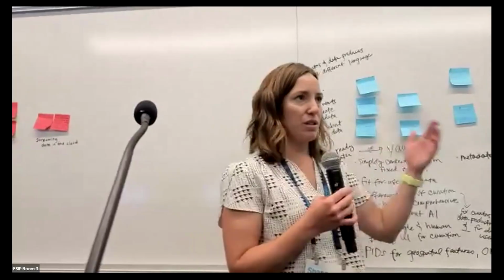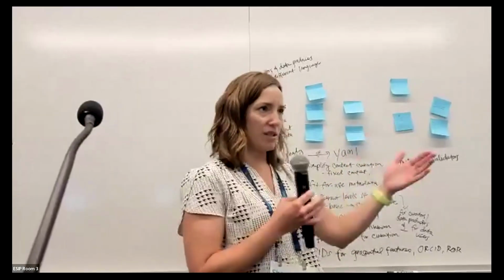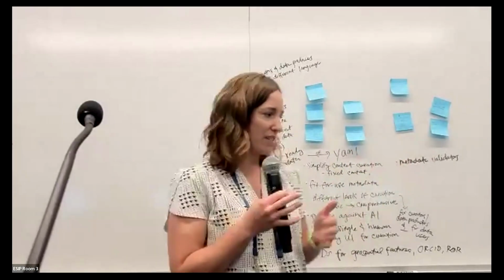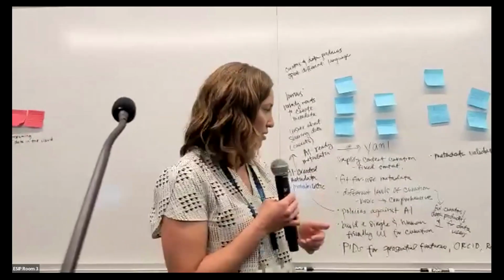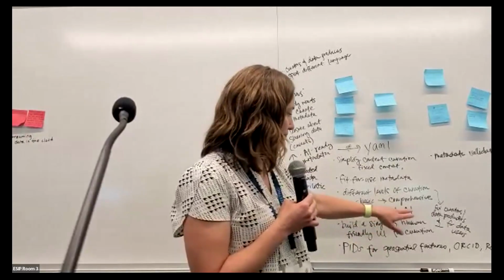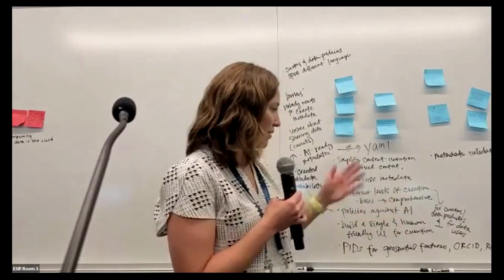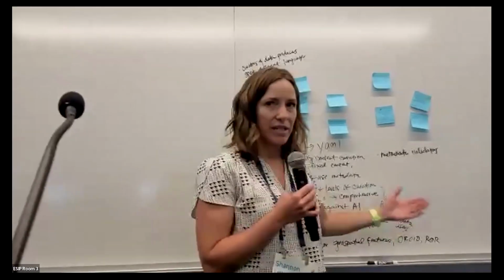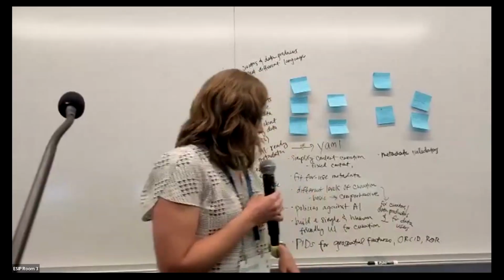This is really to support data producers and the collaboration between data producers and data stewards, metadata stewards. And I think those different levels of curation also support data users as well.